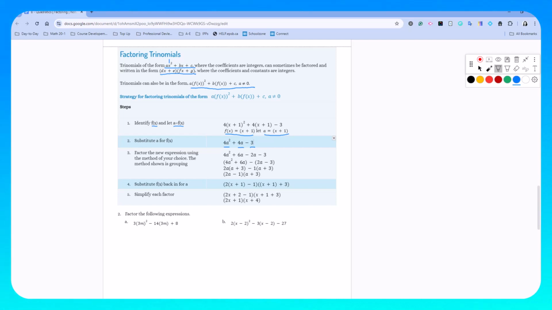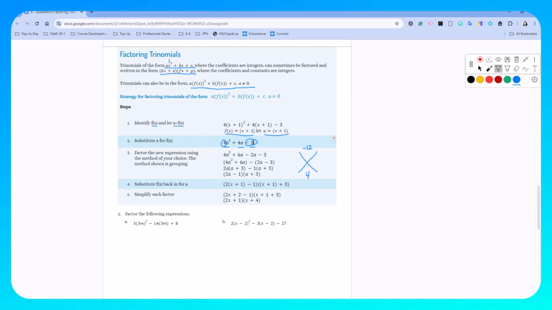Now in the notes here, I've used what's called the grouping method, and some of you may have seen this before. It's actually built from the x method. It's the same concept, it just looks a little different. What we do here is we take the a value and the c value and multiply them together to get negative 12.